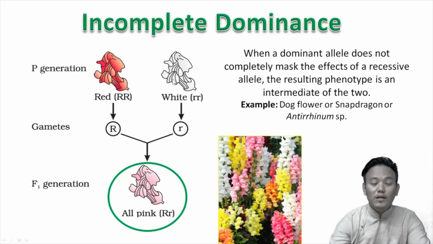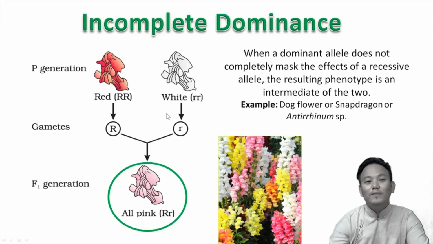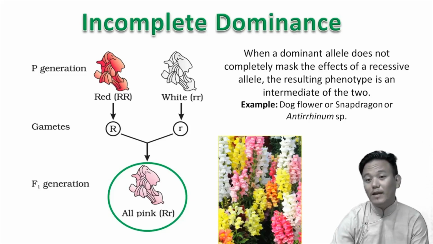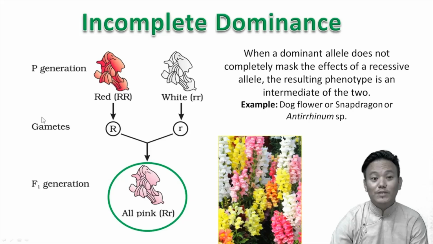This phenomenon is called incomplete dominance. So you can see the difference between the monohybrid cross performed by Gregor Mendel with pea plants and the monohybrid cross performed by other scientists with the snapdragon plant. The results were a little bit different between the two.